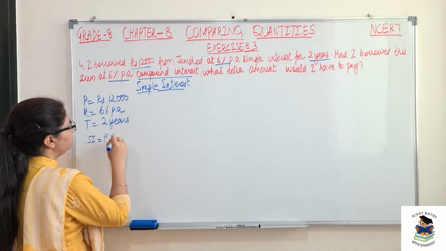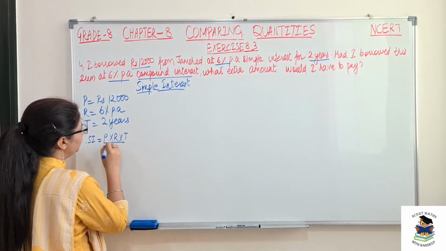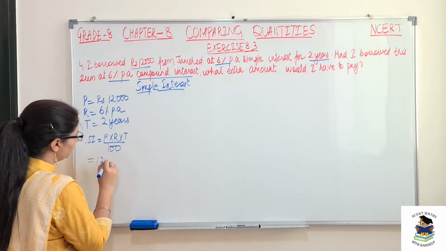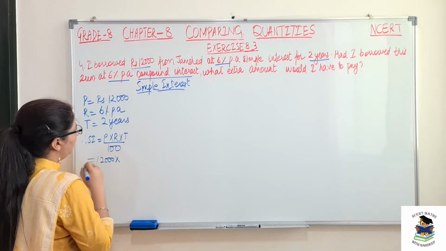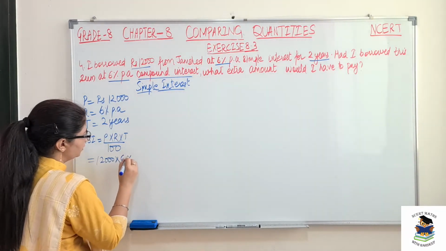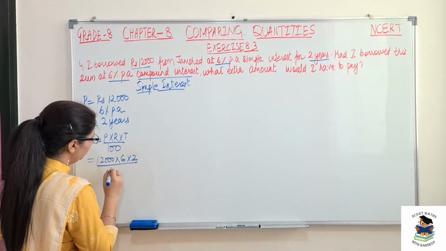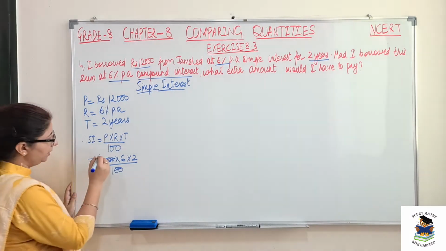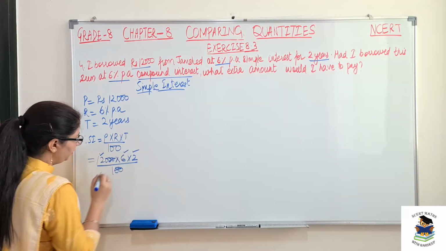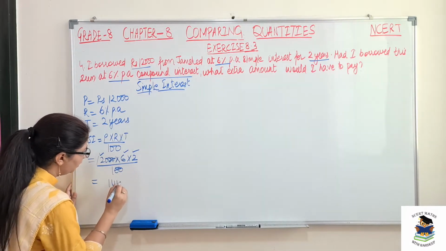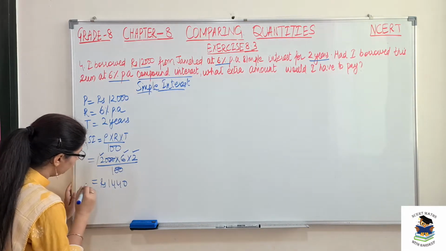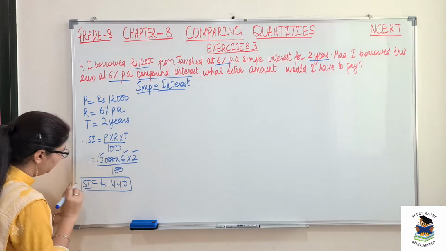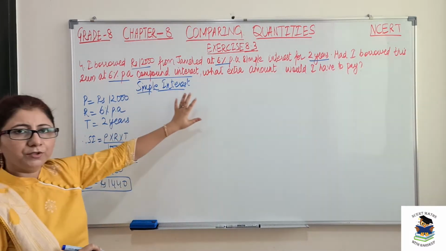That is P into R into T over 100. So P is 12,000, R is 6, T is 2 over 100. So 2 zeros will be cancelled. So 12 into 12 is 144, 0. So this is the simple interest that he has to pay in the simple interest condition.